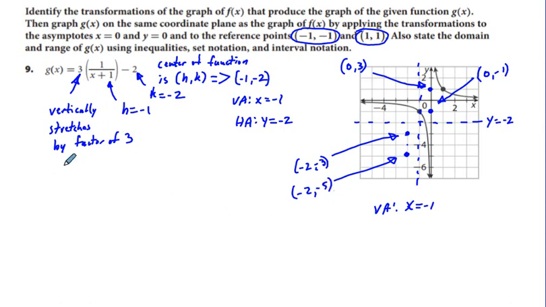So let's go ahead and summarize what happened to these reference points. We have -1 comma -1 transforms, we'll call it transforms, to this -2 comma -5.